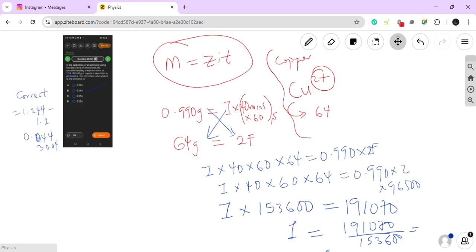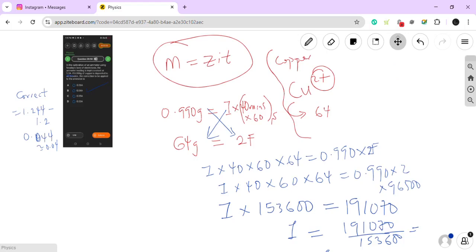If I use 63.5, I will have 1.253. So you need to be very, very careful. Approximately the correction here will also be 0.05. So it depends on what they are using.